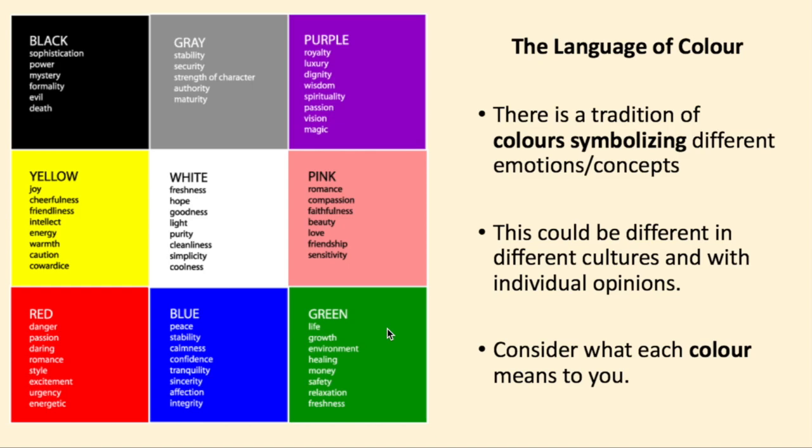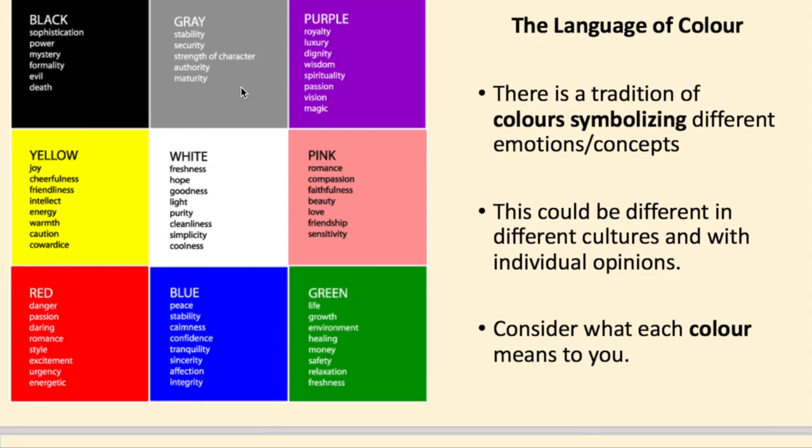Colour's been used to represent ideas and feelings for a long time. There is a tradition of colours symbolising different emotions and concepts. This could be different in different cultures and with individual opinions. Consider what each colour means to you. So you may not agree with what you see here.